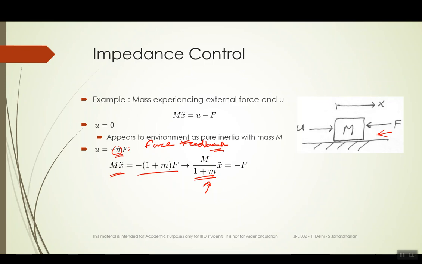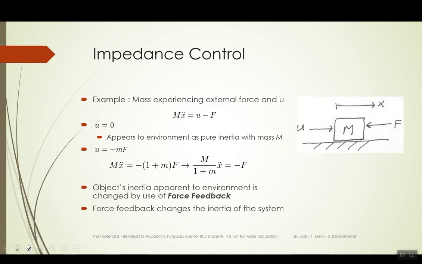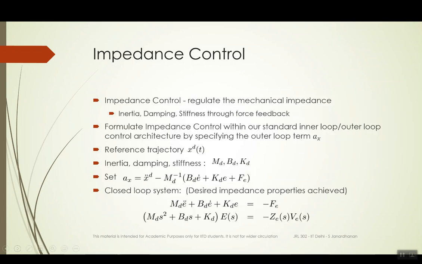So the impedance of the system, of whatever object is there, can be modified by an appropriate force feedback. Okay, in this case it is changing the inertia of the system. Now in impedance control, you regulate the mechanical impedance by applying an appropriate force feedback.